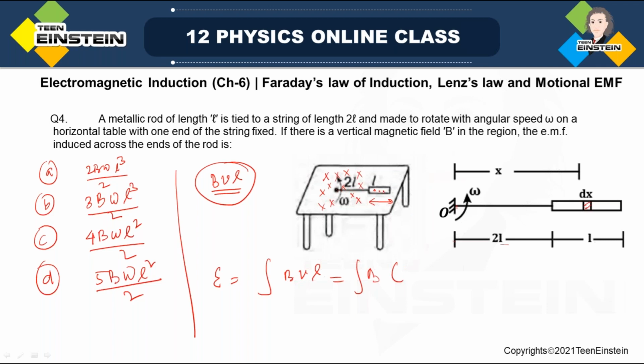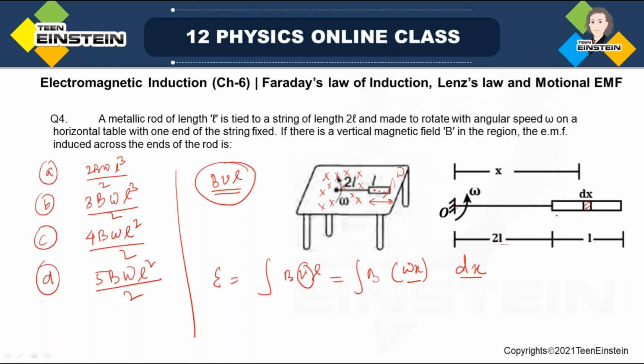Each point of this rod is moving with angular velocity omega, so I can find the linear velocity from there: V equals r omega, so V is omega times x. And L here is dx. So we have B V dx, and now you have to take the integration limit on x.